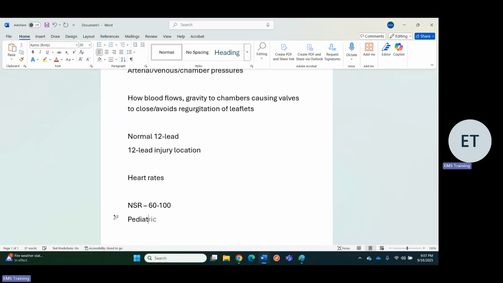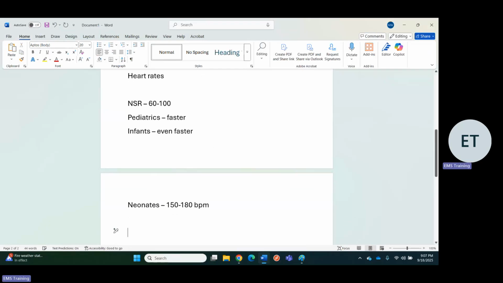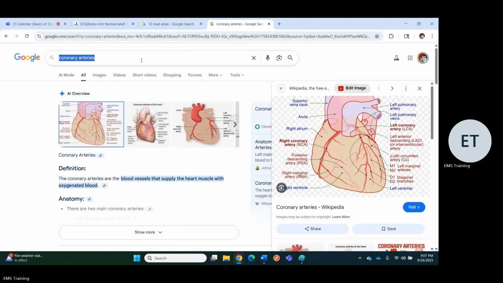Faster for pediatrics. I don't know. Infants, even faster. Neonates, probably that fast. And then memorize something like this.